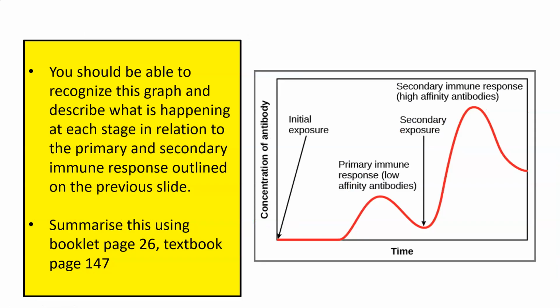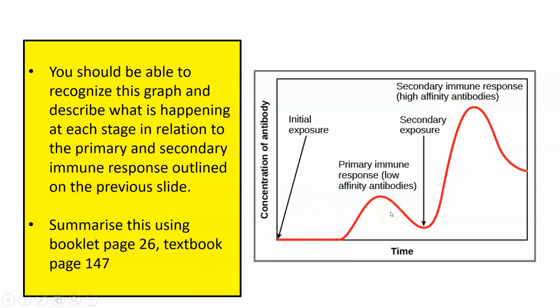In this picture here, this is a classic primary-secondary response graph. Hopefully, if you've done your pre-reading, you should be able to talk about this graph confidently and realize that the concentration of antibodies is very, very different.